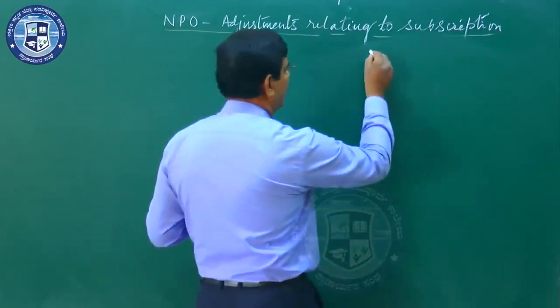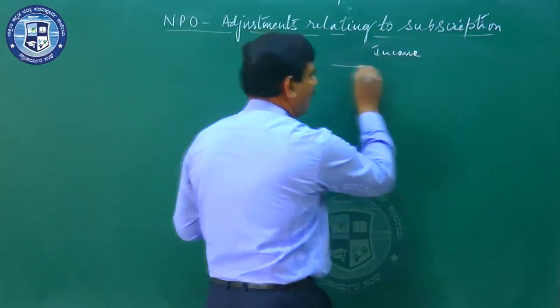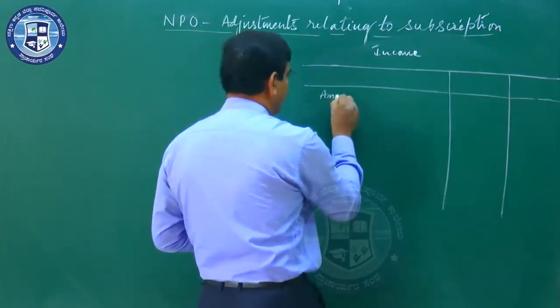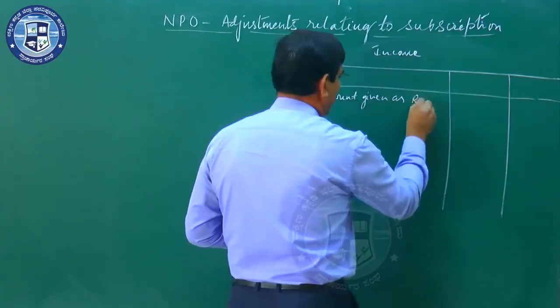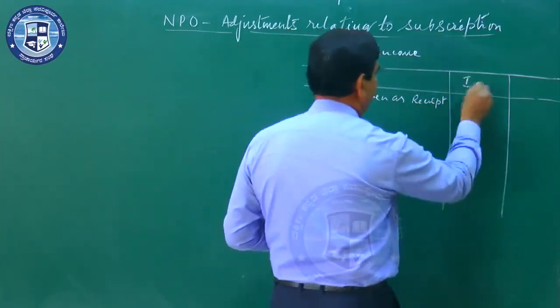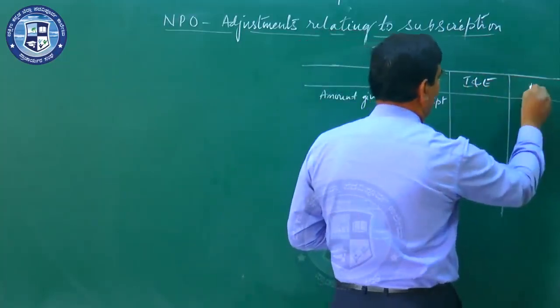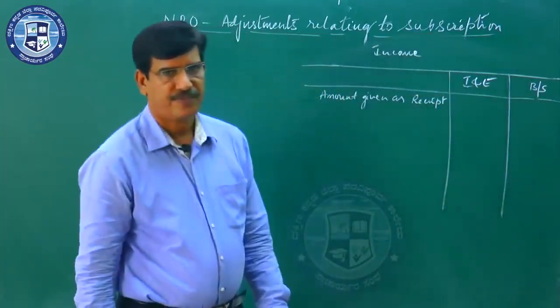So in the beginning, let's consider any income. We shall consider the amount given as receipt. So how it is treated in income and expenditure account and how it is treated in balance sheet.